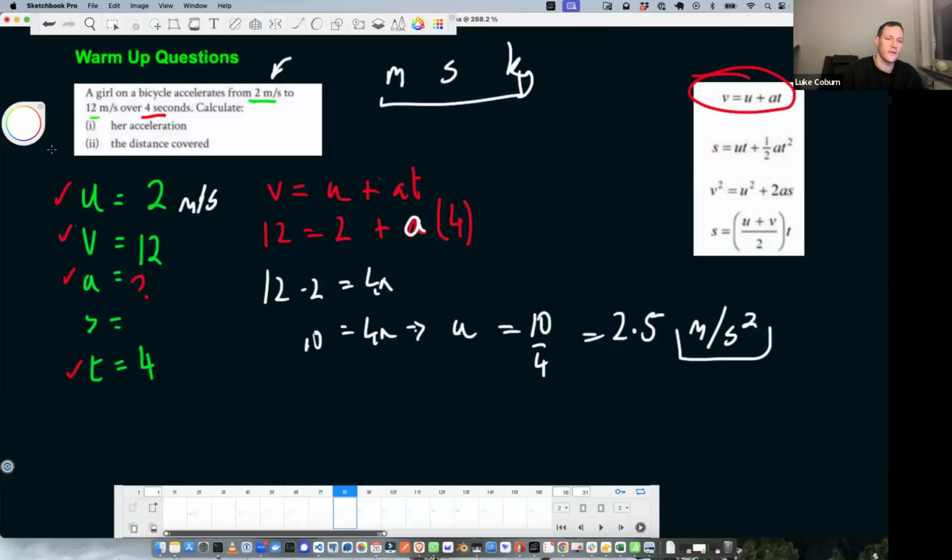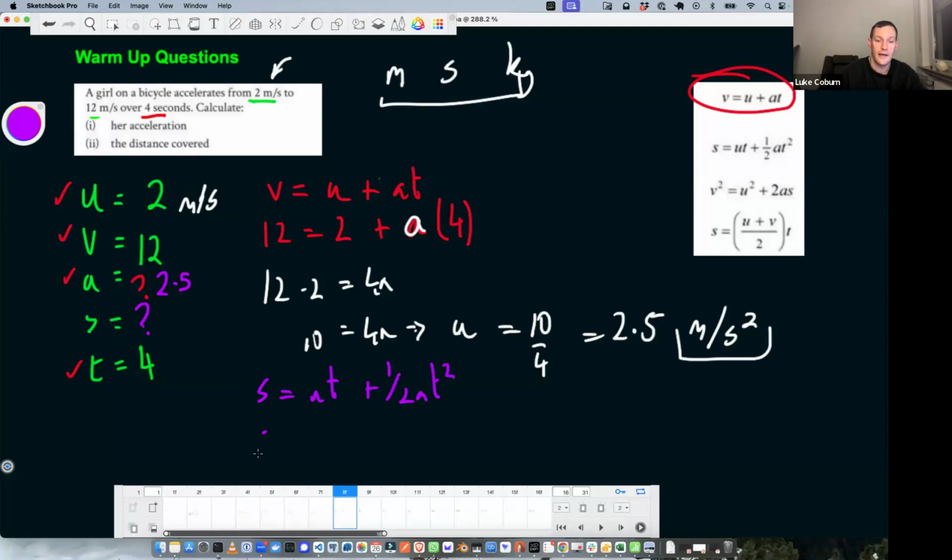And then we're looking for the distance covered, so we're looking for s. Now we know that a is 2.5, so we actually have a choice. Which one should we go for? I think we should maybe go for s is equal to ut plus a half at squared. Maybe that one's easier.